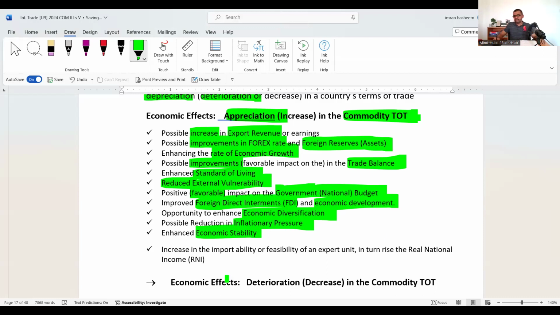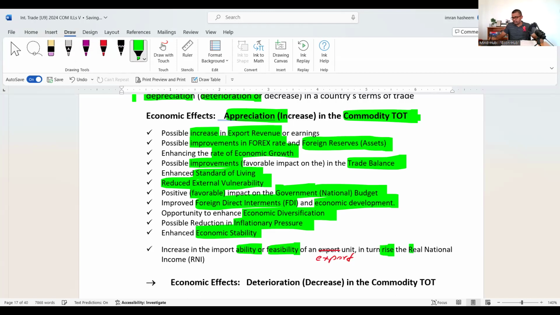And then finally, this is a more technical point. That's why it's given a bit separately. It's not with the practical outcomes. Increase in the importing ability or feasibility of an export unit.